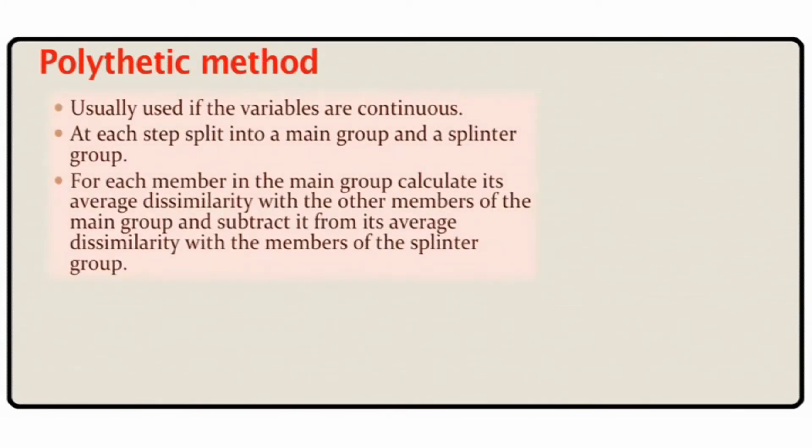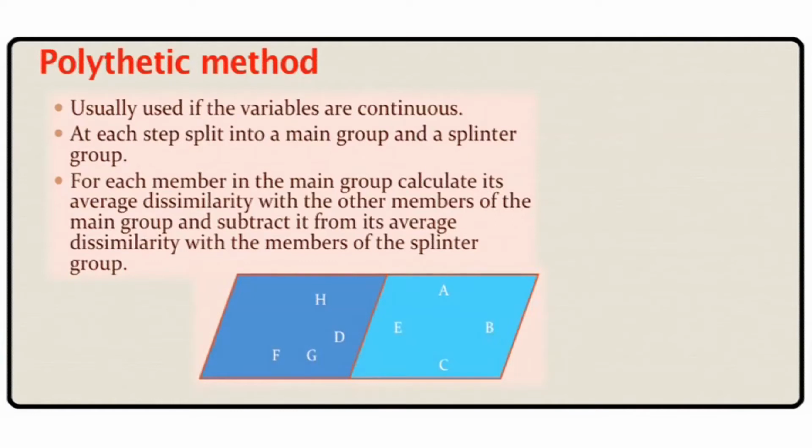On the other hand, in a polythetic method, we usually look at all the variables. But in that case, it's easier to do if we have continuous variables, because getting a single distance measure based on all the variables, as we have seen previously, is not so easy.